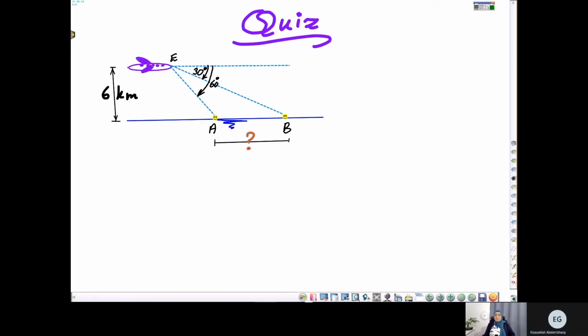So the pilot will draw a horizontal line. It means horizontal, and also the sea level is horizontal, then they are parallel lines. Two horizontals are parallel. And because of parallelism, you know, the Z-shaped angles, which are the alternate angles, are equal.